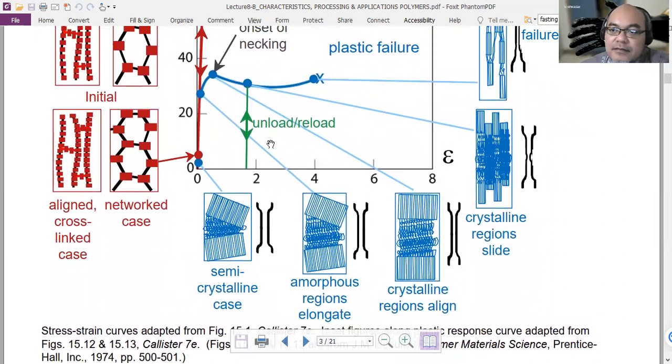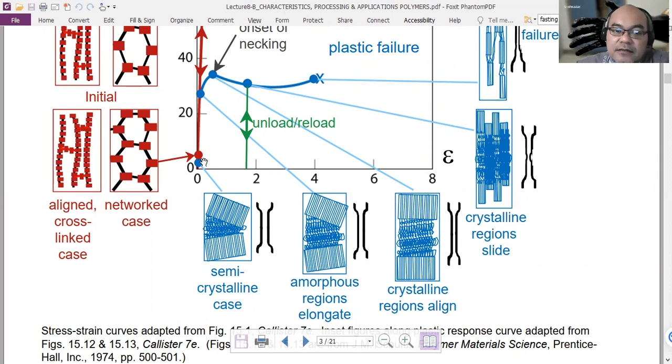For plastic polymer, what occurs? Usually the deformation occurs because of the existence of the amorphous region. Remember that polymer can have different percentages of crystallinity. Some regions are crystalline, while the other regions are amorphous.